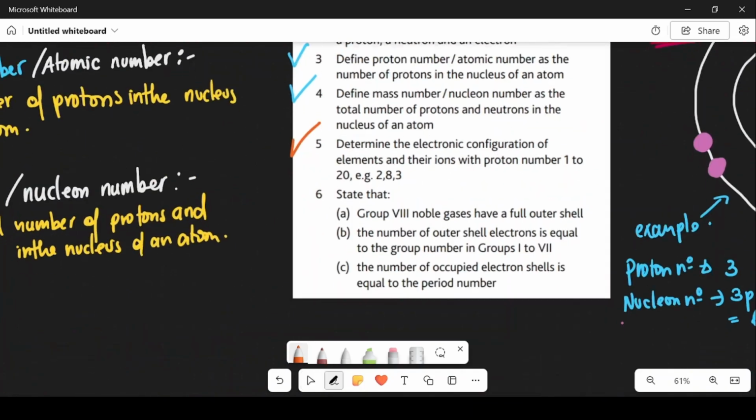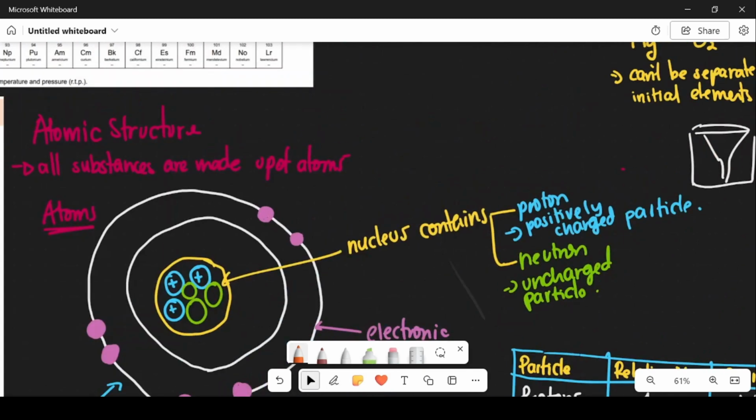All right, so let's go to the last point, concerning your group 8, sorry, your noble gases. What are they? What makes them different from all the other atoms that we know of, all right? So, let's go to the periodic table. There we go.